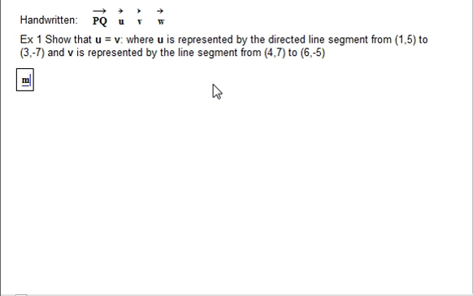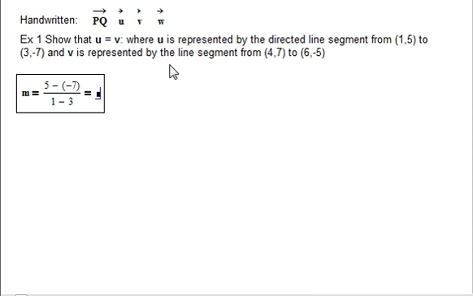The slope of the line segment, either one, let's go with this one first, would be 5 minus negative 7, divided by 1 minus 3.